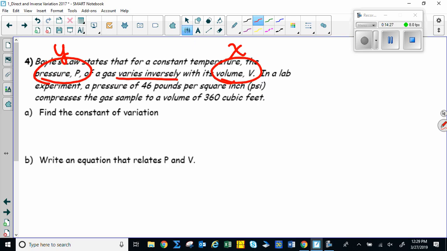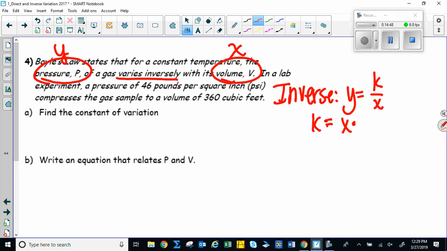Okay, so if I'm doing inverse variation, my final equation is going to look like y equals k divided by x. And how am I going to find that k value? How would I get the k by itself? Multiply x and y together.